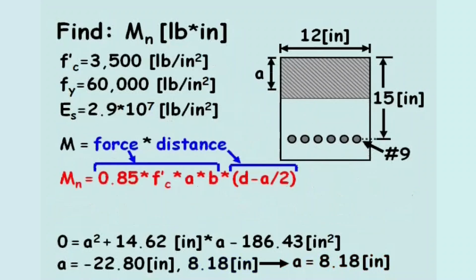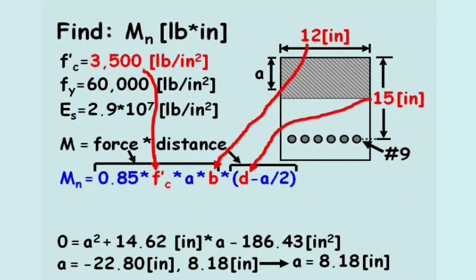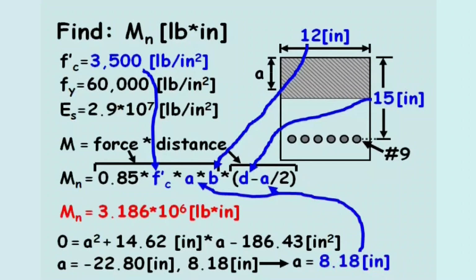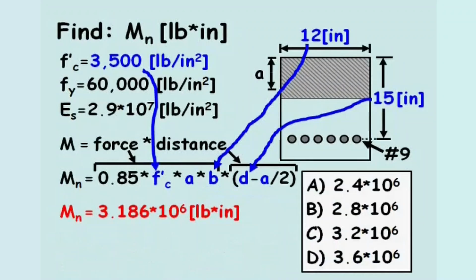Now we can return to our original equation for the nominal moment in the beam. Plug in the previous values we already knew, then plug in the value of A, 8.18 inches, and the nominal moment in the beam equals 3.186 times 10 to the 6 pounds-inches. When reviewing the possible solutions, the answer is C.